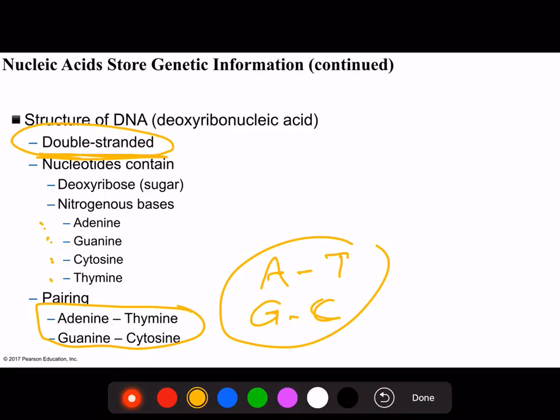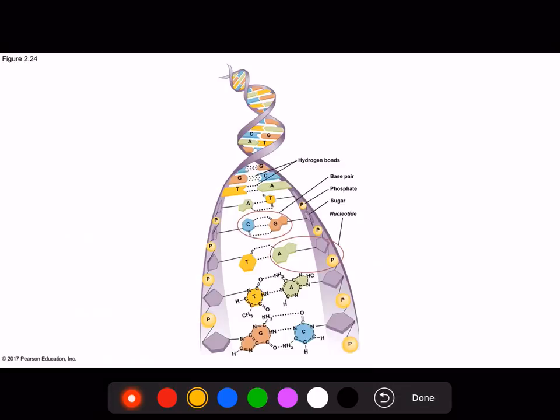DNA is a double-stranded molecule. So we have 2 strands, and these strands are meeting each other. On these strands, we have the phosphate group, the sugar, phosphate group, the sugar, lining on the floor, let's say, and the nitrogen bases are stretching upward or toward the middle.